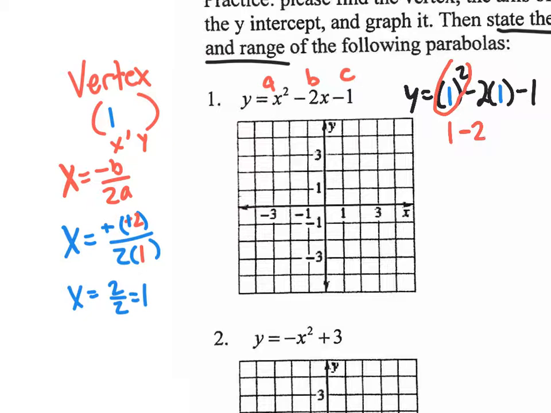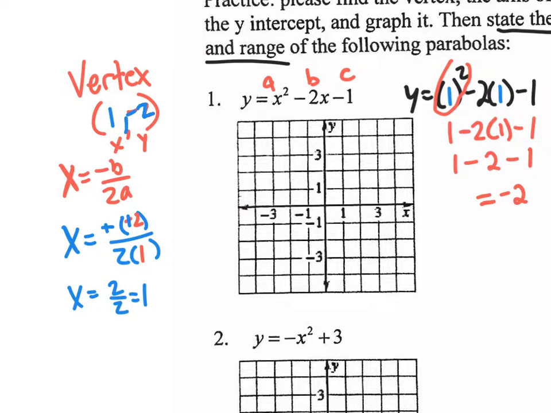Then you're going to bring down the rest, times 2 times 1 minus 1. That's really 1 minus 2, because 2 times 1 is 2, minus 1. If you go 1 minus 2, you get negative 1, and negative 1 minus 1, that's negative 2. So for your input of 1, your output is negative 2. So your vertex has the coordinate 1, comma, negative 2.